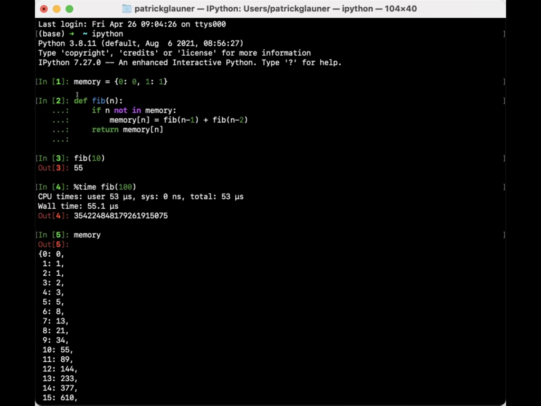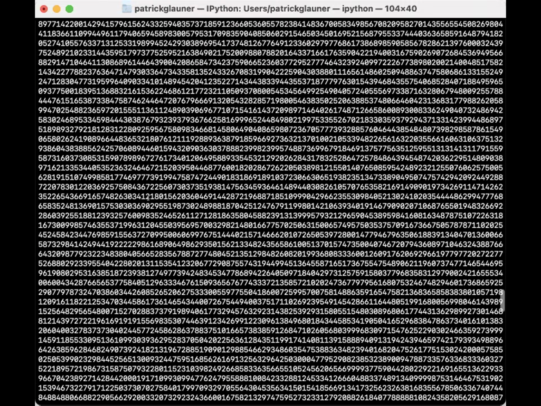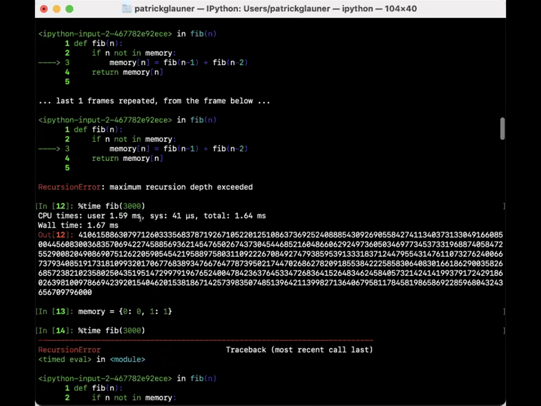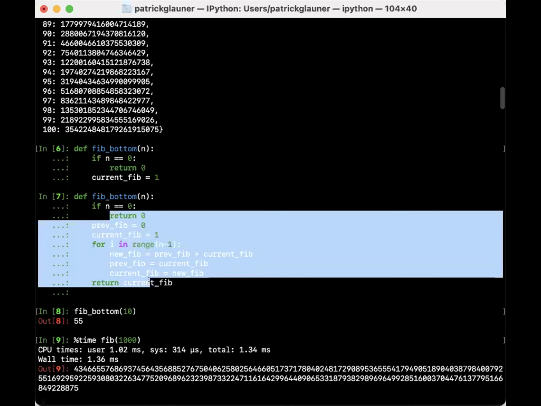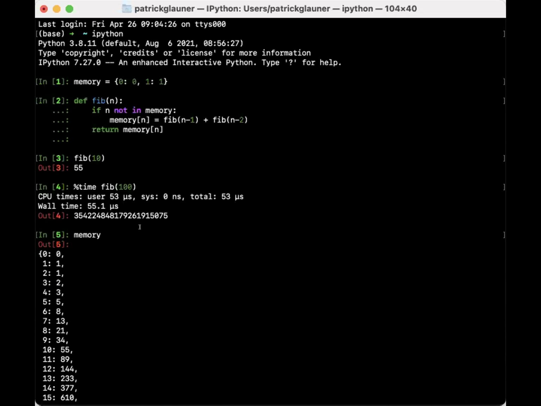And maybe the code is a little bit simpler than the bottom-up. Imagine you calculate a much more complex function, then the bottom-up would probably become longer and longer, and the top-down one would probably still be much more readable.